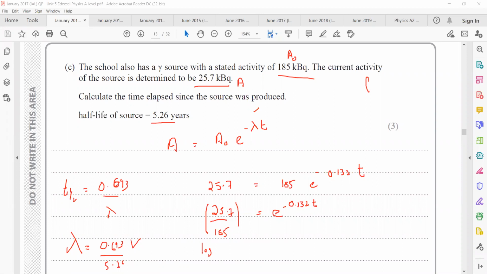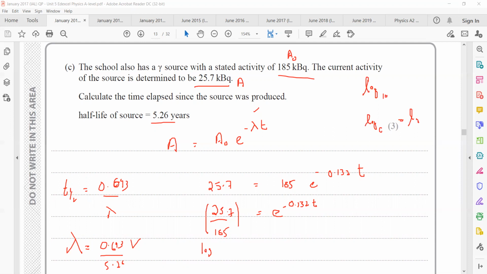Look, when a simple log is written, it means it has base 10. And this log has base e, which is also ln, the natural log. What is the answer for taking a log?